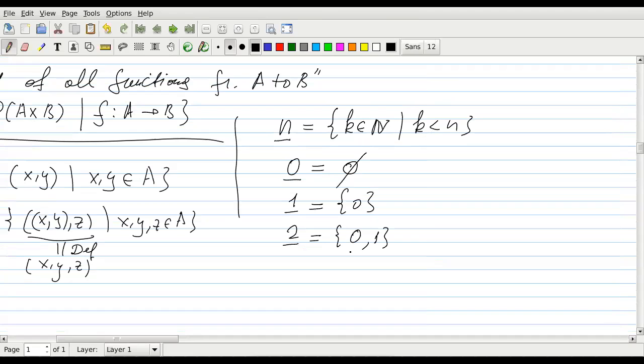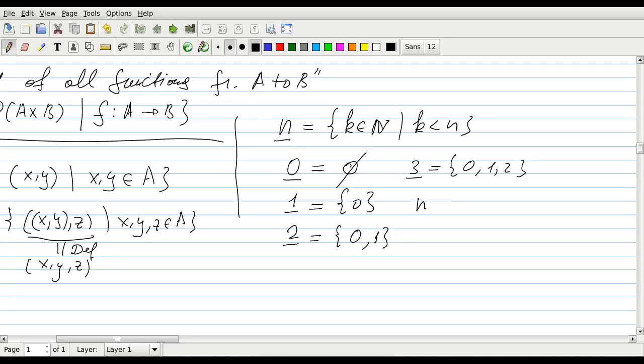By the way, how many naturals are less than 2? Of course, 2 naturals. And this is 2 underlined. Is it a coincidence? What do you think? No, it's not a coincidence. By the way, what is 3 underlined? 0, 1, 2.